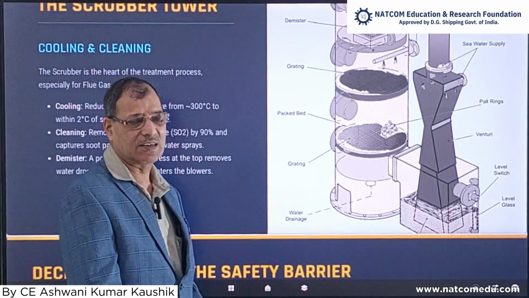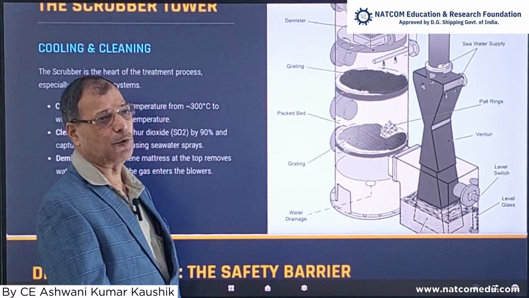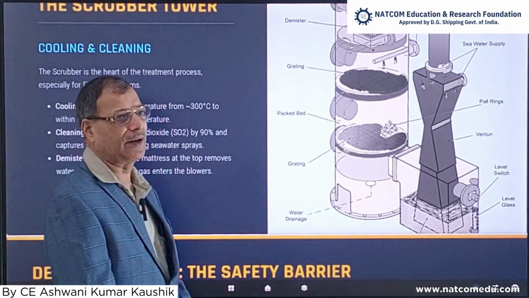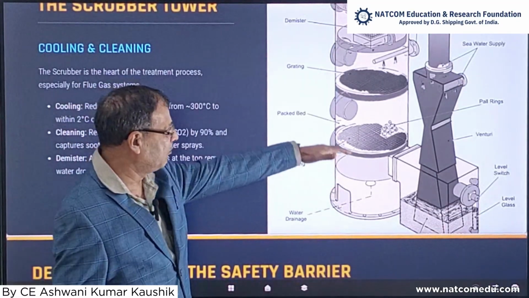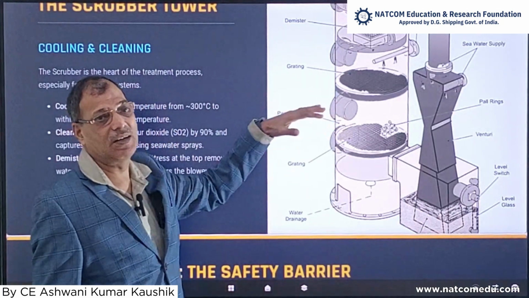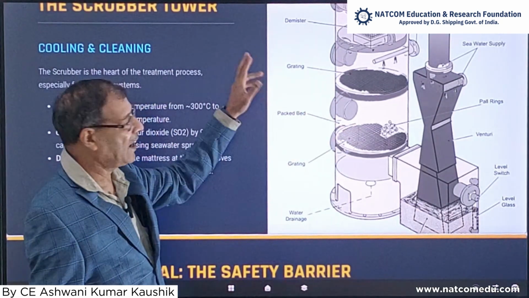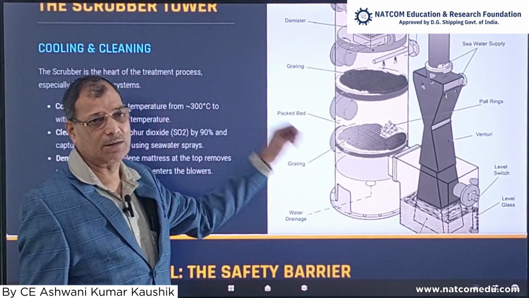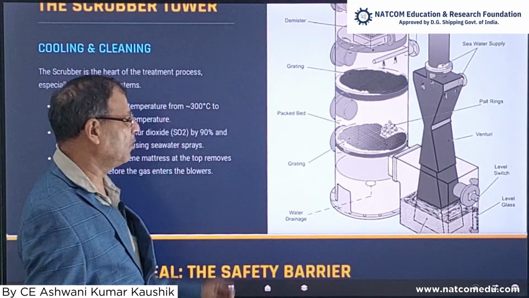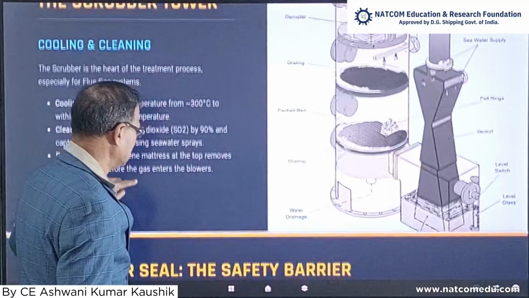If there is no flow, or maybe an automatic valve is clogged, the water level increases and it will shut down immediately. Likewise, if high temperature occurs, there is also an automatic emergency shutdown of the IG system.